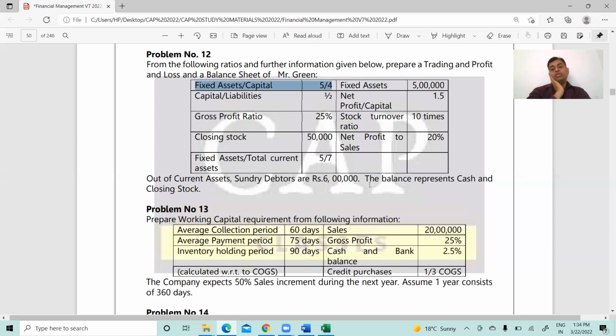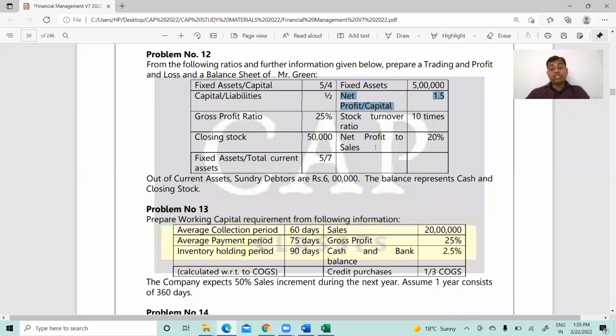What will be capital? 4 lakhs. Correct. Net profit by capital 1.5. Can you tell me net profit? I want a response from all of you. Excellent. Correct. 6 lakhs. Net profit 6 lakhs.